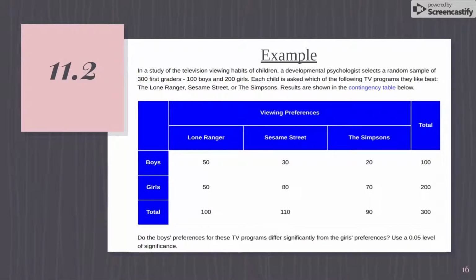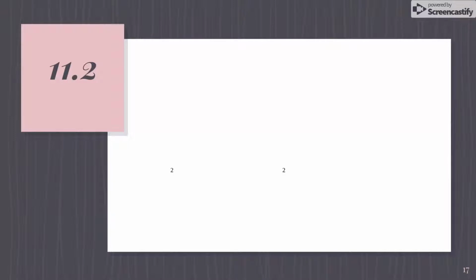So for this example, we are given 300 first graders, 100 being boys and 200 being girls, and we are given 3 different television shows. They put this in a two-way table, and we want to see if the boys' preferences are different from the girls' preferences. They gave us the alpha level for this one, which is the usual 0.05, and then we'll perform the test the same way as a goodness of fit test.